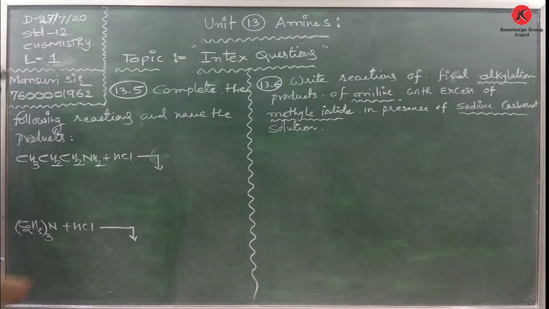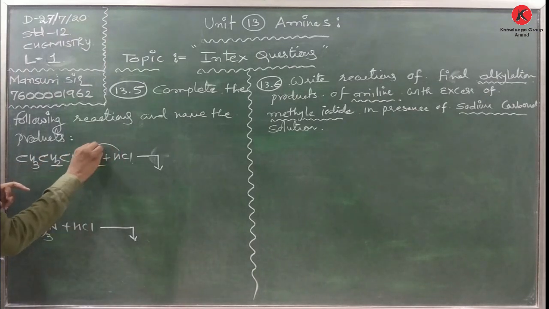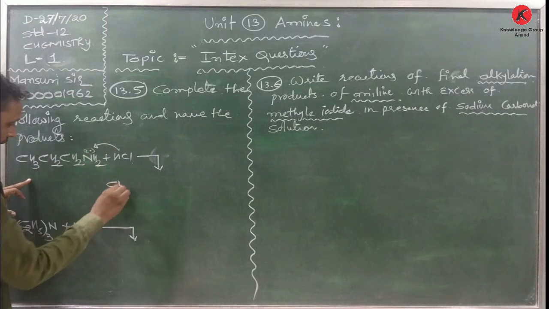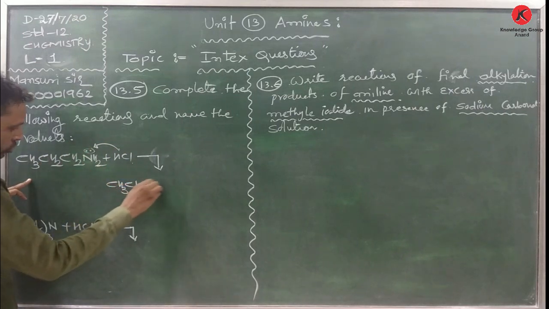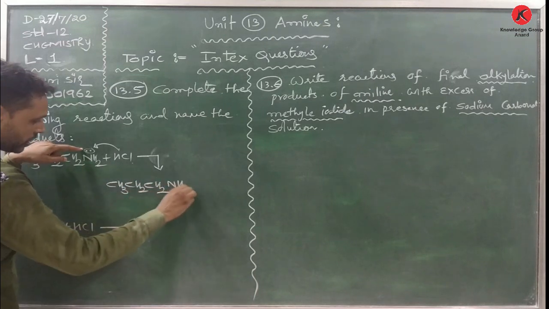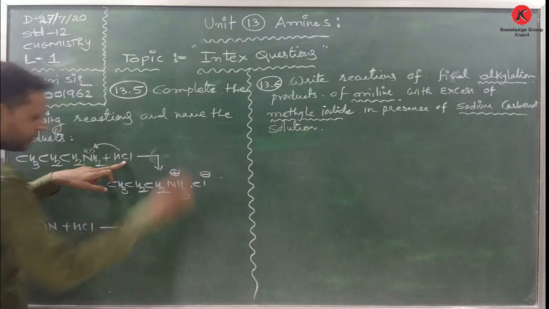The electron density on nitrogen picks up hydrogen, so protonation takes place. That is why CH3CH2CH2NH3 and Cl minus will remain.